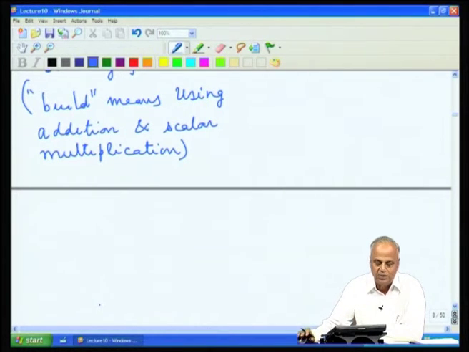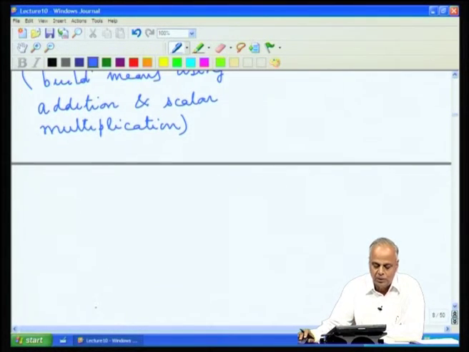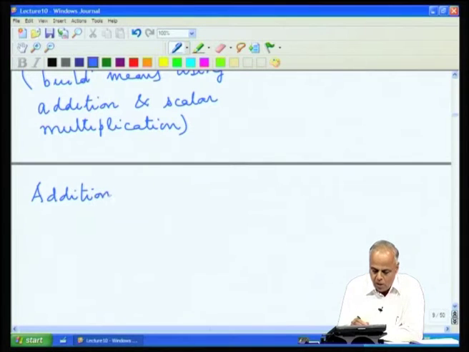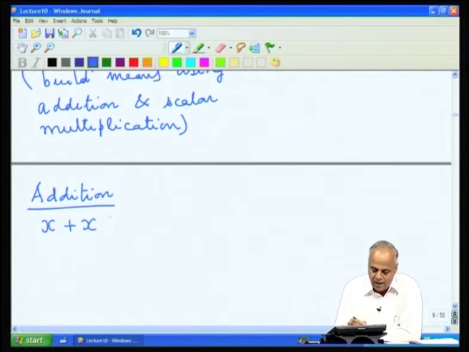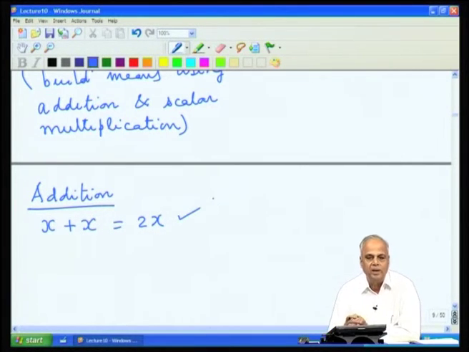These are the algebraic things that we have introduced and these are the only things that we can do. So, now let us look at addition. What can we do starting from x? We know only x, we can use only x. So, we can use x any number of times. So, you can use x and x. So, I will get 2x.